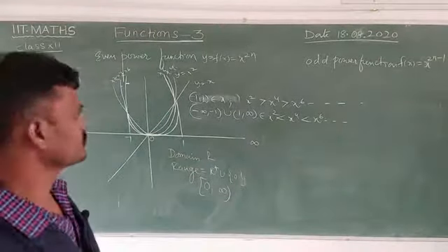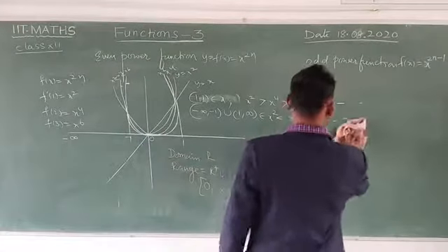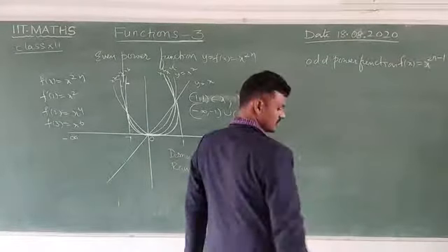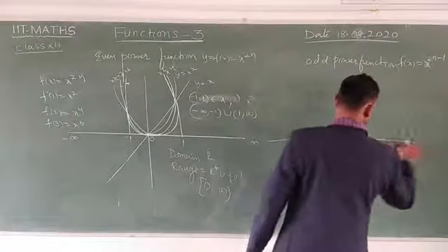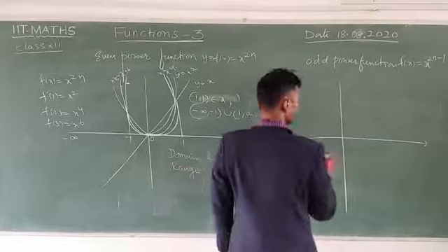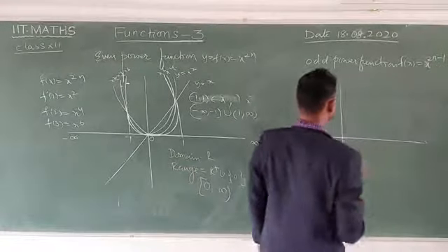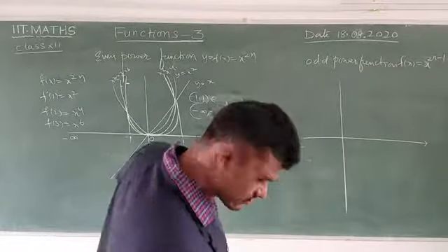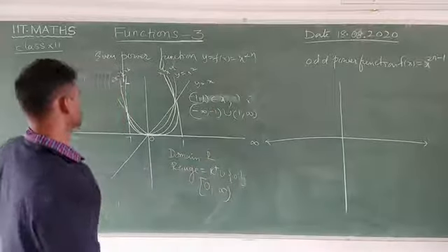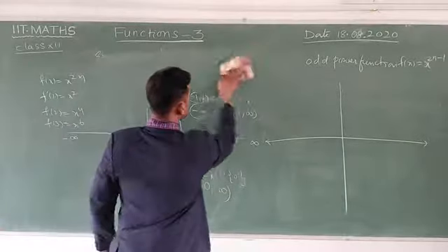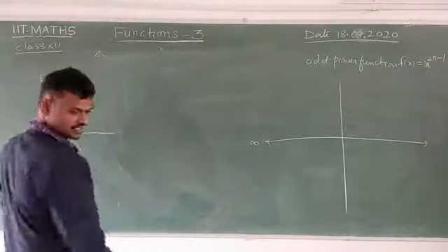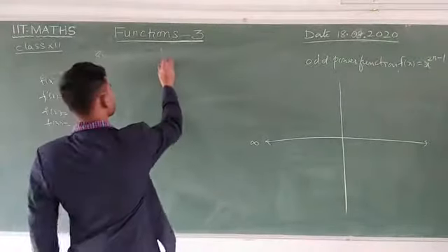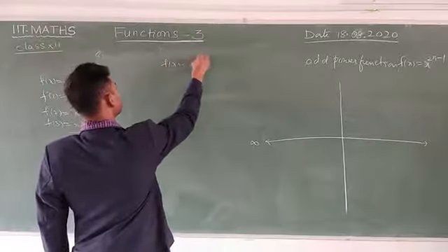Okay, now we have to discuss the odd power function and draw its graph. Here f of x is equal to x to the power of 2n minus 1.